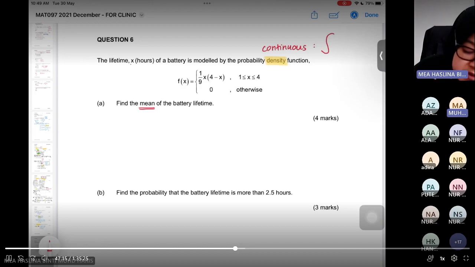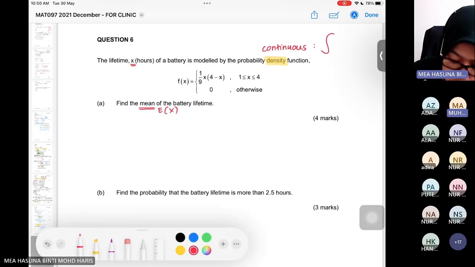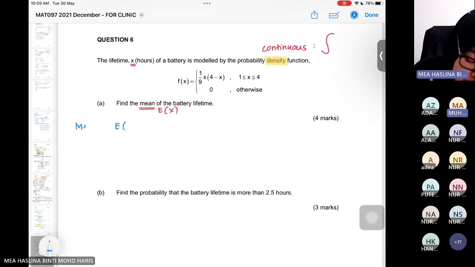The mean, when the variable is X, can be found from the expected value of X. Remember, when it is continuous, you work with integration, not sum.